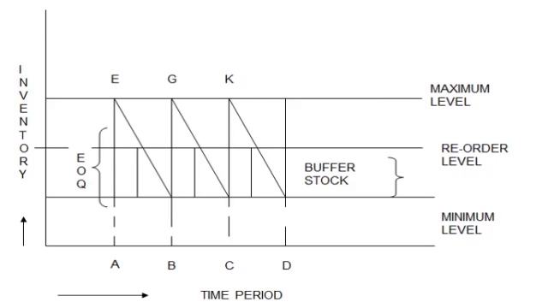So this is a model of EOQ, a graphical representation we might say, of EOQ, where with the flow of time your inventory usage goes down, and as and when it reaches a particular level, which is named here as the reorder level, you will have to order the quantity again.